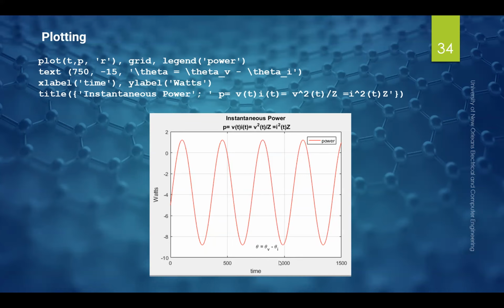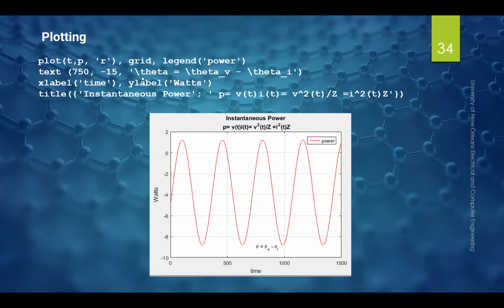And given the location of the text, right, approximately knowing the size of X and the size of Y, so I kind of started at the middle of where X is, right? Because X goes from 0 to 1500, so I put it at 750, and I put the Y at about minus 15, which brings it somewhere around here.